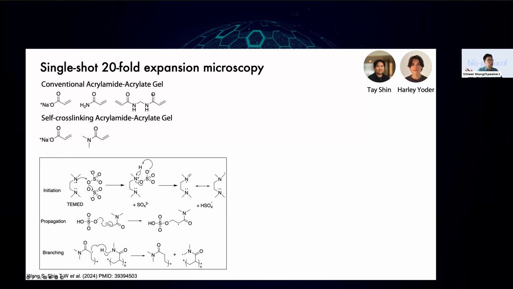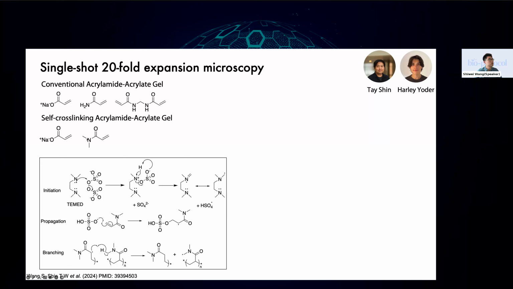And to reach a higher expansion factor, people reduce this cross-linker to allow the gel to expand more. But if you reduce it too much, then the gel will become weak. And that's why the gel is limited to around tenfold. However, for this gel, which we call the DMA gel, it uses sodium acrylate for the ionic pressure.